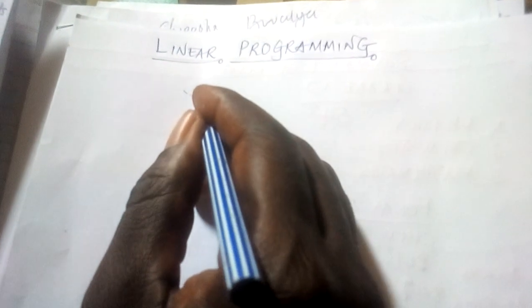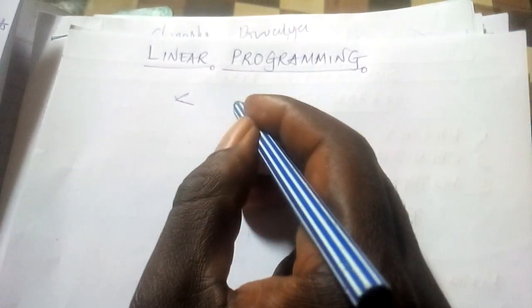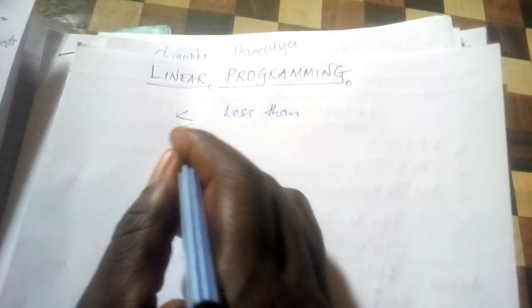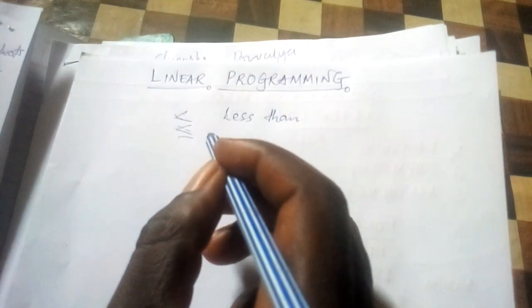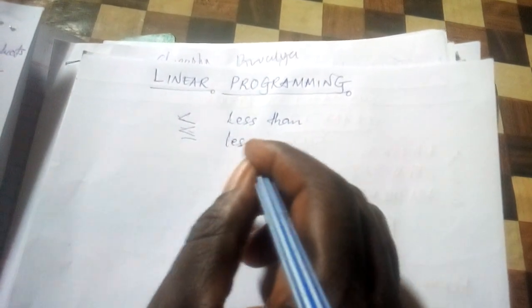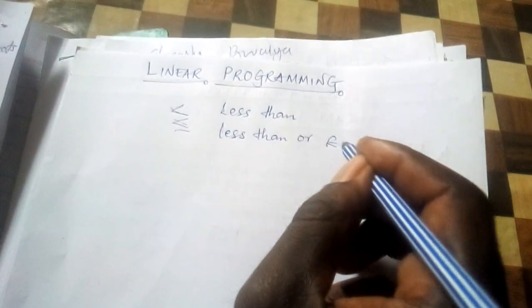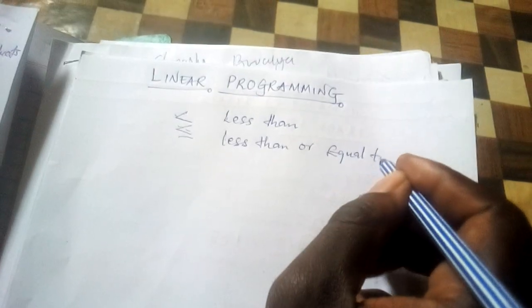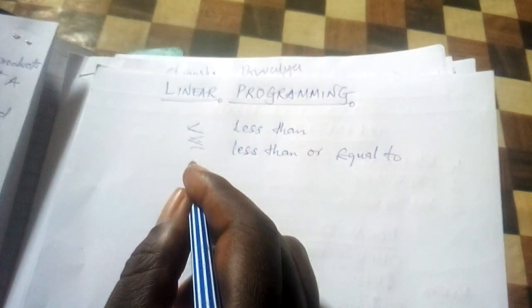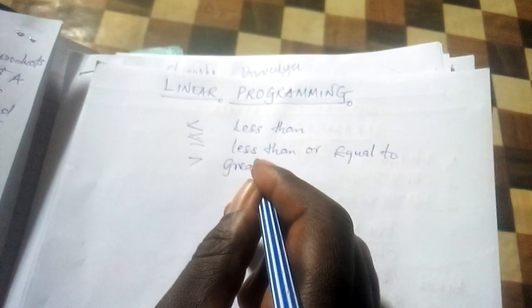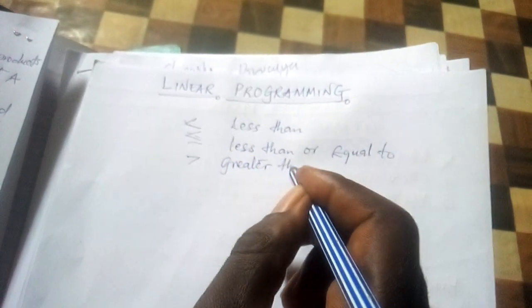When you see a symbol that looks like this, it means less than. When you see a symbol that looks like this, it is less than or equal to. When you see a symbol that looks like this, it is greater than.